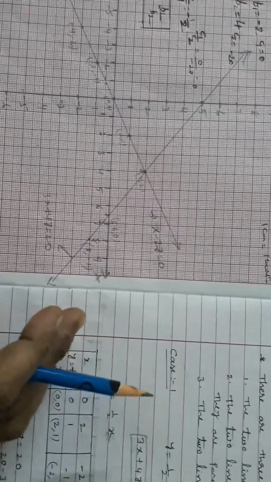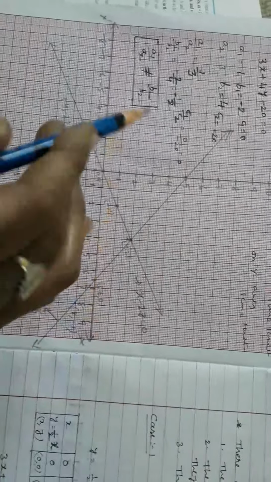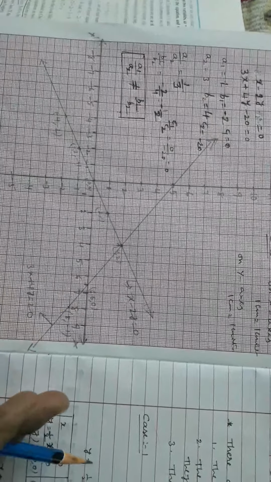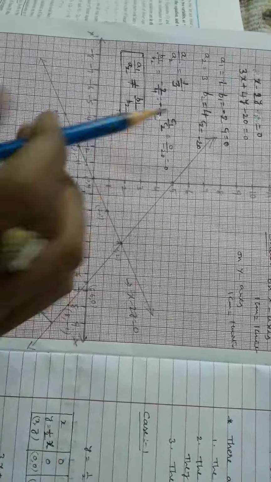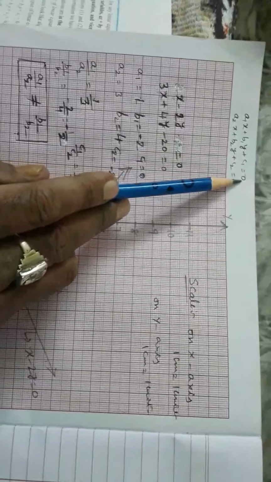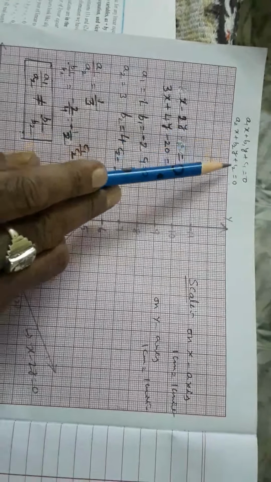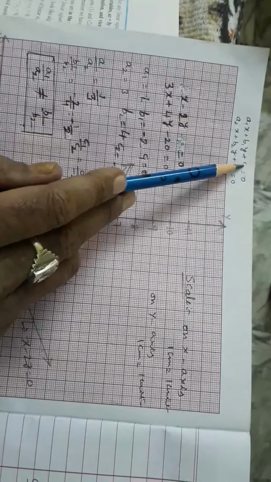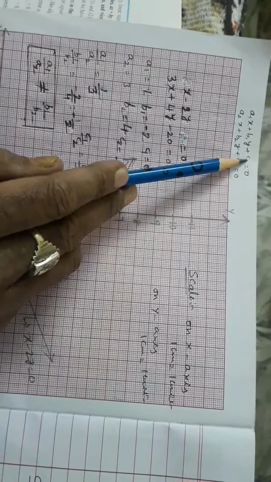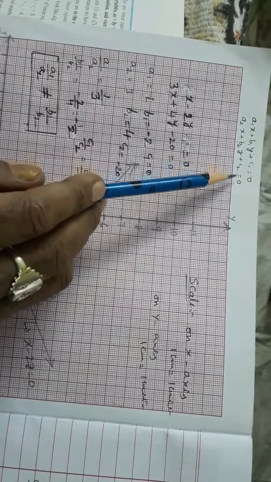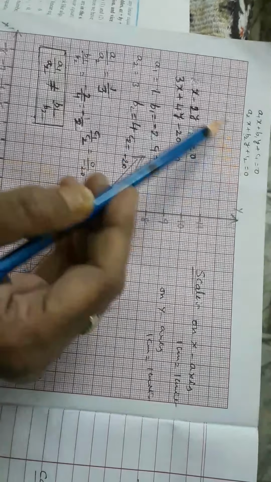For every pair of equations, drawing the graph takes time. So how can we check algebraically? Compare the given equations with a1x plus b1y plus c1 is equal to 0 and a2x plus b2y plus c2 is equal to 0. What is the a1 value?